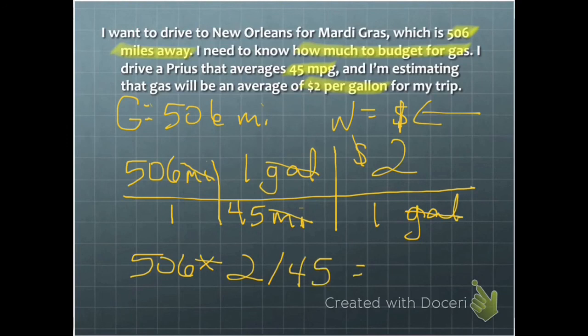So we plug that in our calculator. 506 times 2 divided by 45, and that's going to give us 22.49 dollars. So that is a reasonable estimate of what we need for our trip.